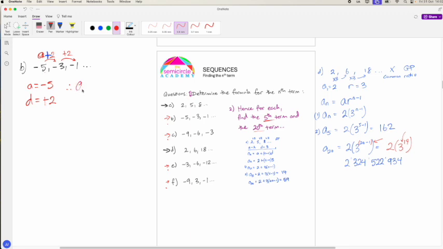Therefore, AN is going to be A plus (N minus 1)D. So this represents the general form.